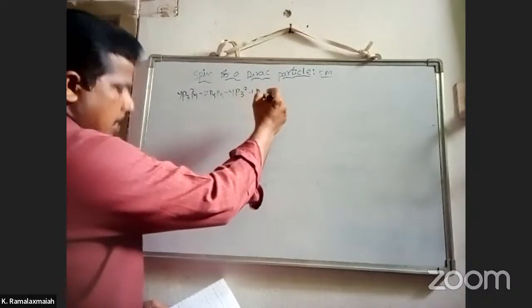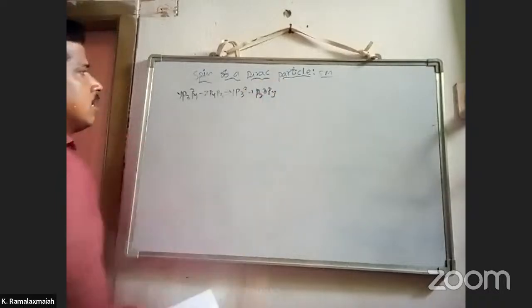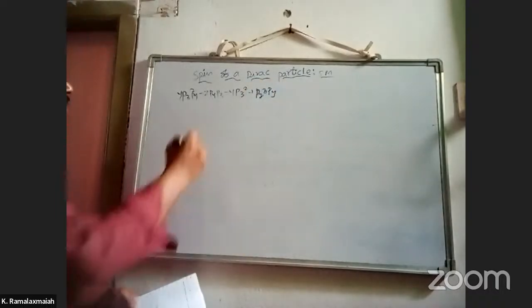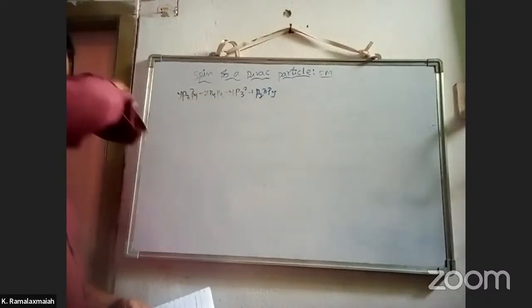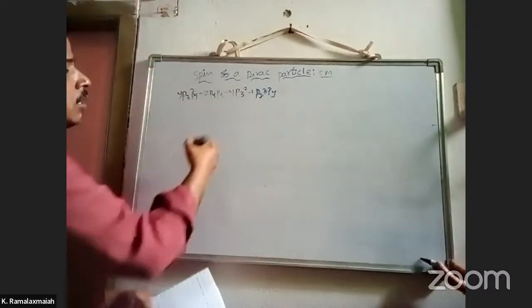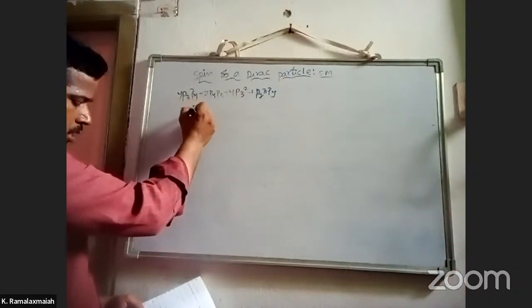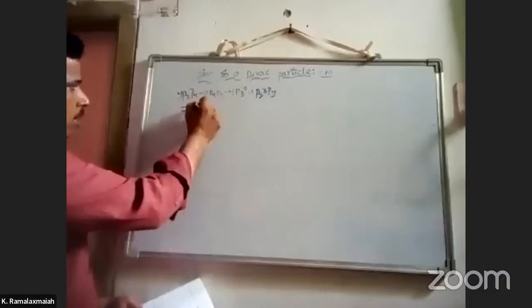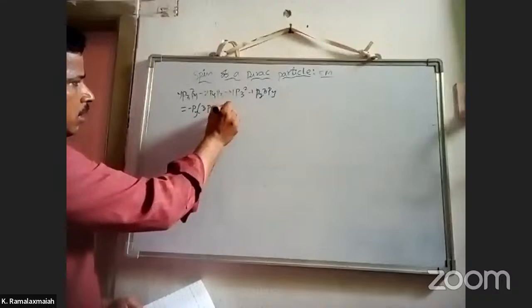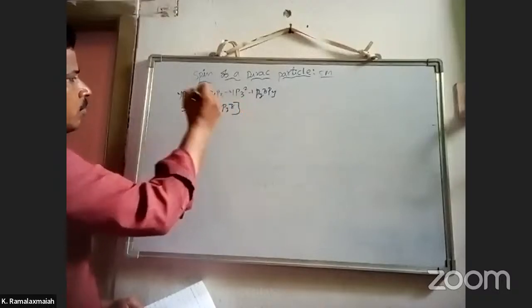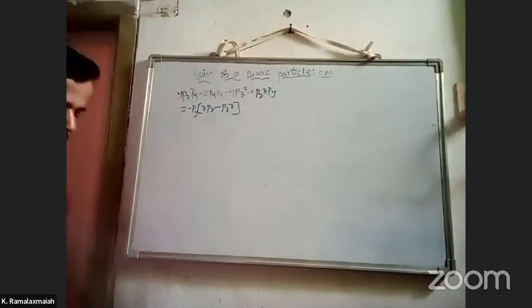pz zpy is equal to, calculate this, it is 0. Equal to 0 minus py into zpz minus pz into z. Okay, so this is the same Pauli matrix method formula.